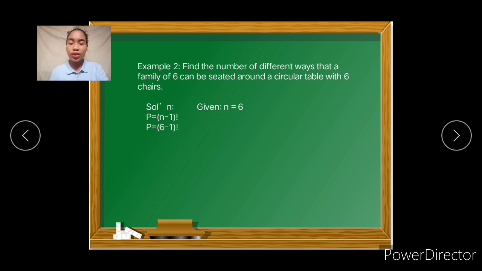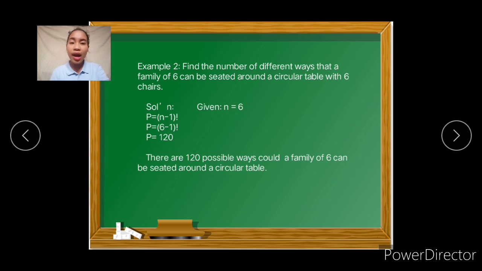Permutation is equal to 6 minus 1 factorial. P is equal to 6 minus 1 is 5 factorial. So 5 factorial is 5 times 4 times 3 times 2 times 1, which is equal to 120. So there are 120 possible ways a family of 6 can be seated around a circular table.